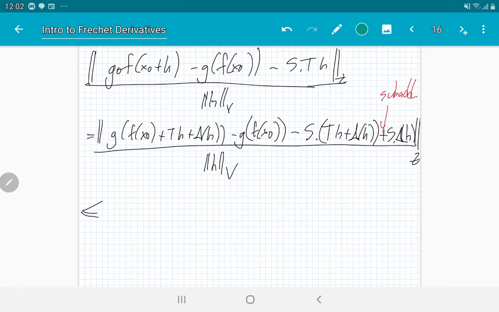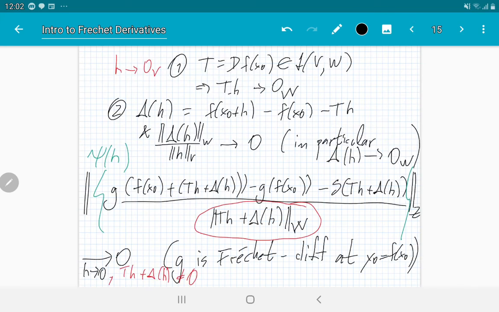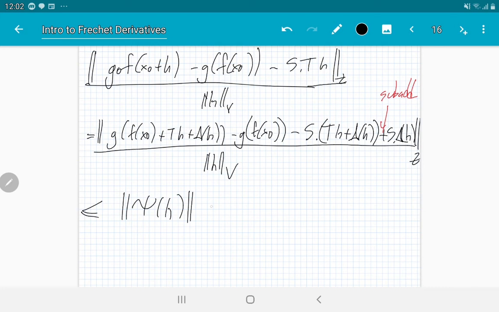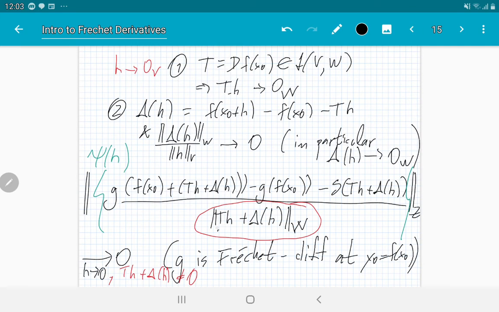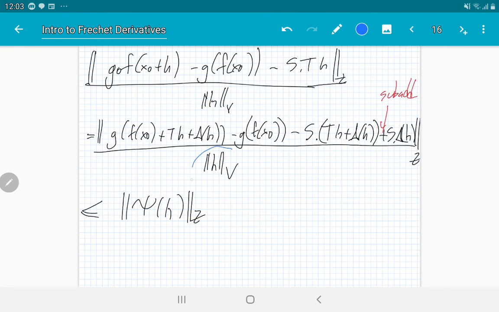So I'm going to have here psi of h, except that when you see what's in the previous slide, the denominator there is T times h plus delta of h, whereas here my denominator is the norm of h, so I have to compensate for this. So I have to put the norm in W of T times h plus delta h divided by the norm of h in V, plus S times delta h.